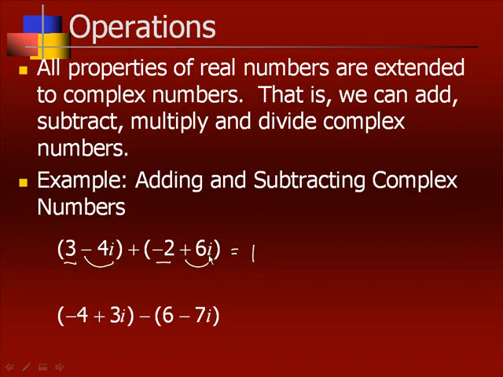Like terms, negative 4i plus 6i would be plus 2i. To subtract is like subtracting binomials. We're going to distribute the minus to everything inside the parentheses. So we've got a negative 4 minus 6, which is negative 10. We've got a positive 3i and a positive 7i, which would give us a positive 10i.